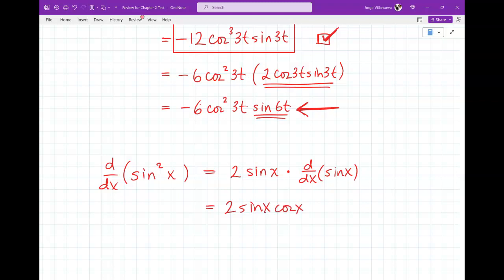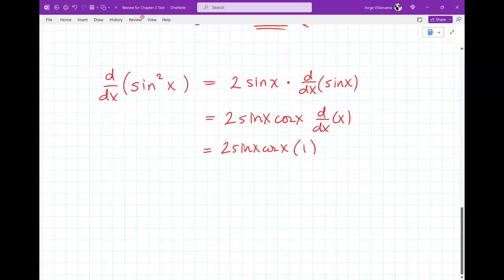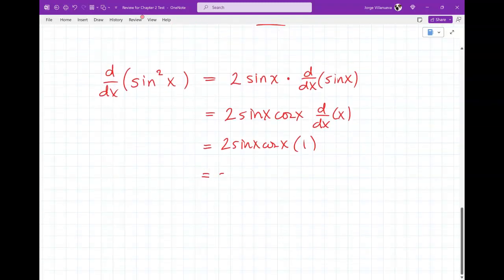Your next step is the derivative of the angle, but the angle's x. So it's just 1. So you don't have to. If you want to, you can. You can show it. Times 1, right? And this becomes sine of 2x trigonometrically, right? This is an identity. But that would be your answer for that one. But notice, if it's just x, it doesn't matter. If it's anything other than x, you have to do it.